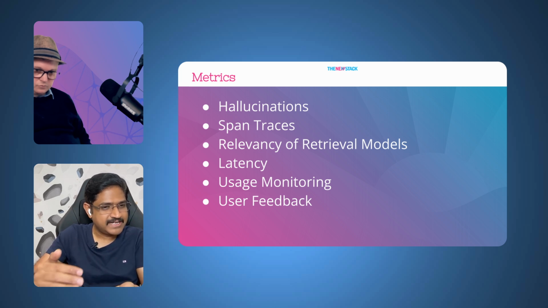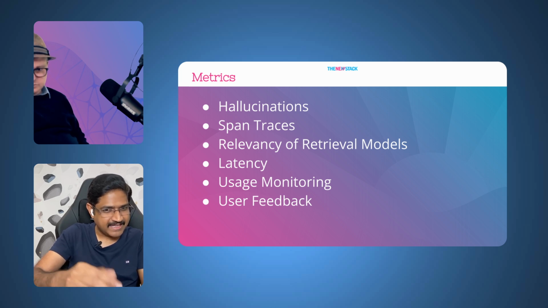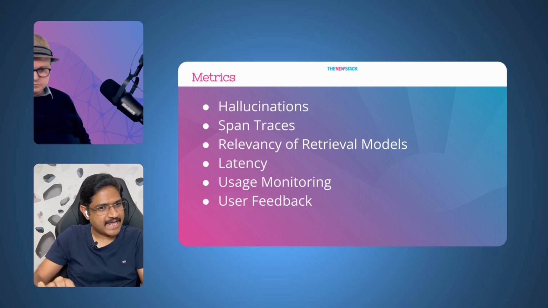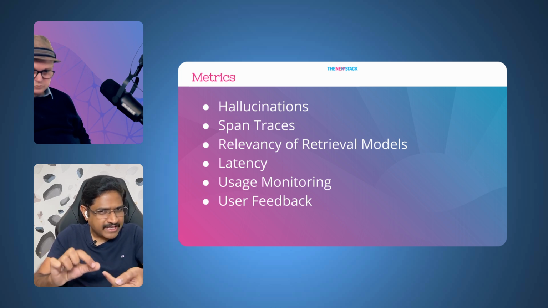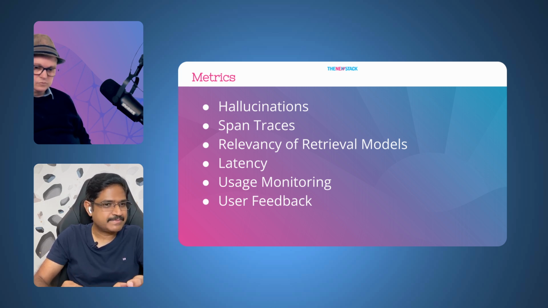Now, that re-ranker model is going to send the output back to your agent or the RAG application, and then it takes the top N or top K and sends it to the LLM. When this happens, there is latency involved, and there is also a relevancy factor on how well your RAG system is performing.